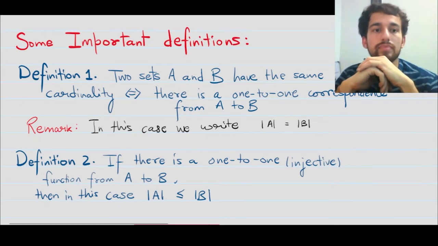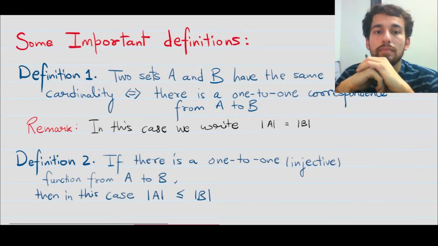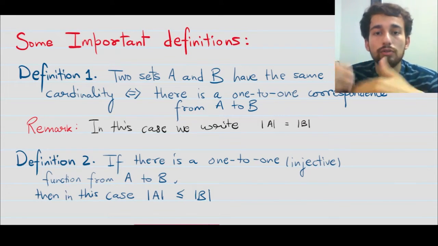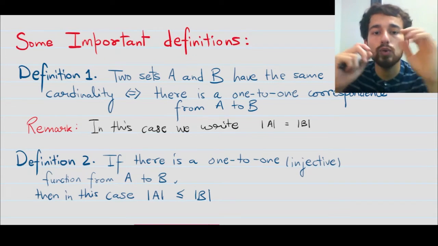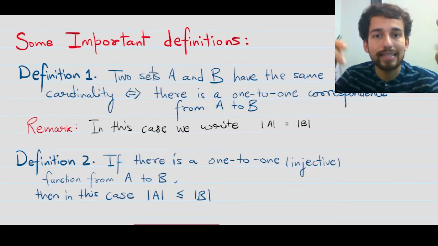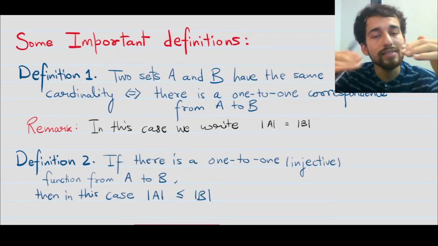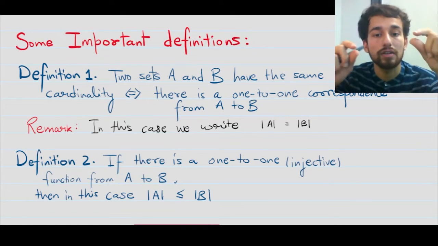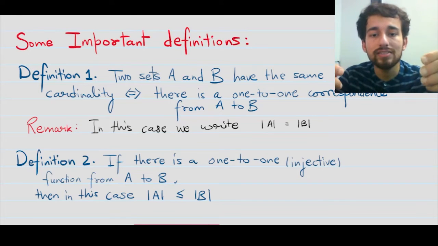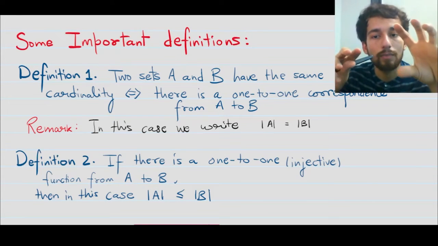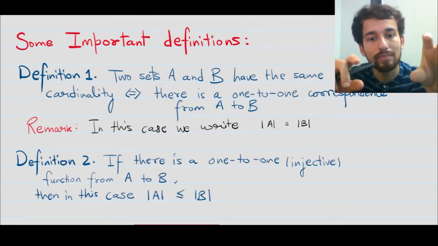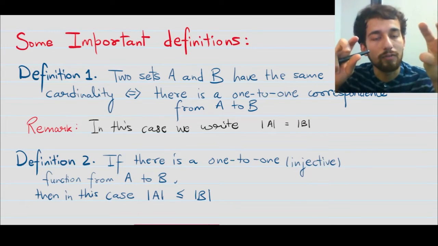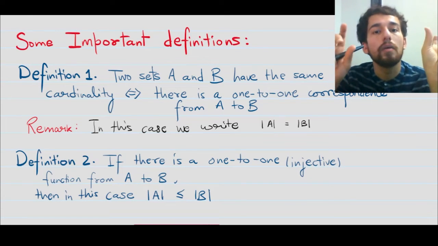Okay, now we have some important definitions again in order to move ahead. The first definition says that given two sets A and B, we say that they have the same cardinality. A और B दो sets हैं, उनकी same cardinality है, if and only if there is a 1-to-1 correspondence from A to B. What it means that if and only if, अगर आपको एक ऐसी मैप मिल जाए सेट A से सेट B पे जो 1-to-1 correspondence हो या फिर bijection हो.